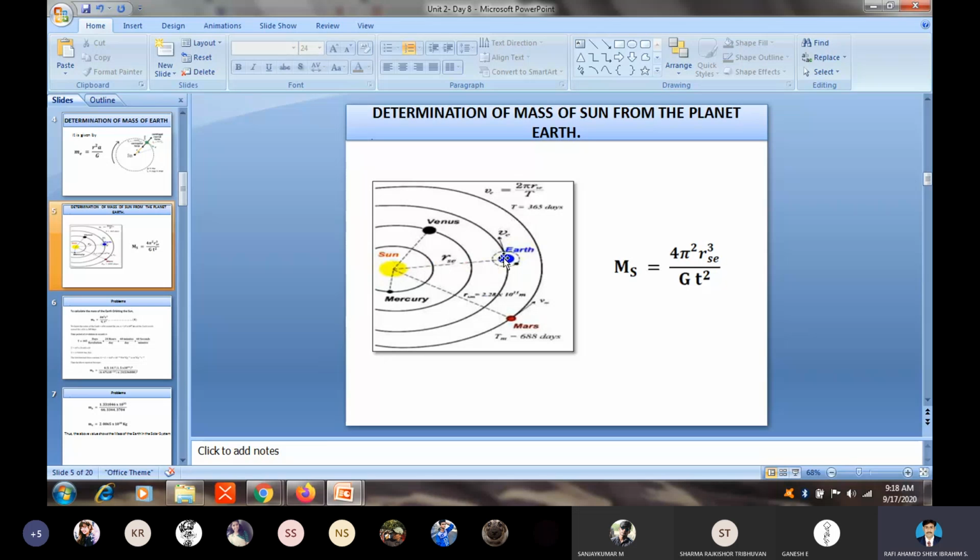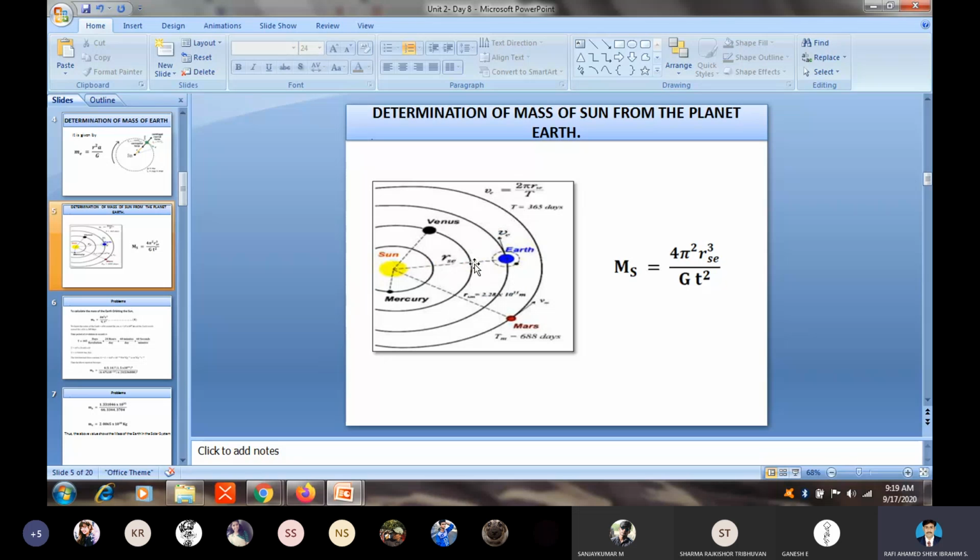The centripetal force is the force of repulsion. That centripetal force makes the earth orbit in its path, because it's the outward force. So we considered the universal law and the centripetal force.